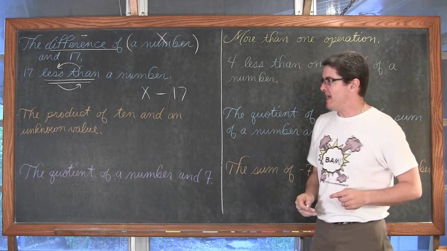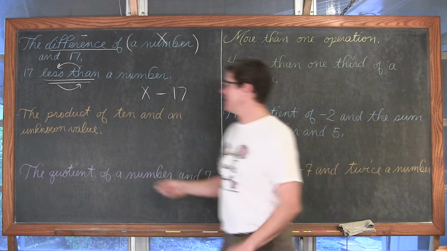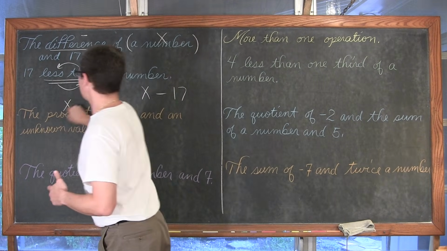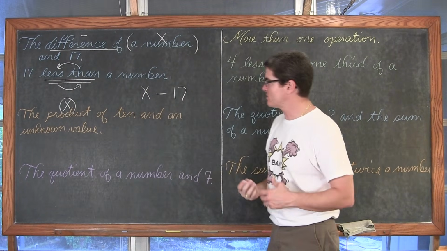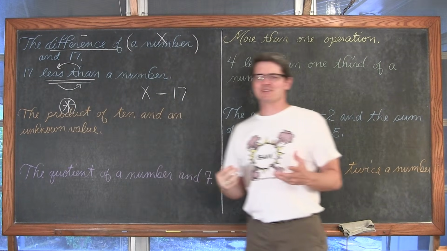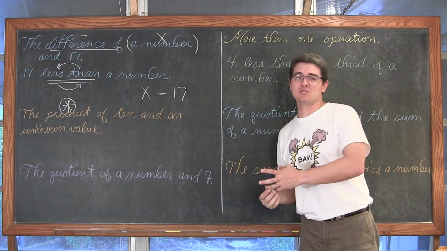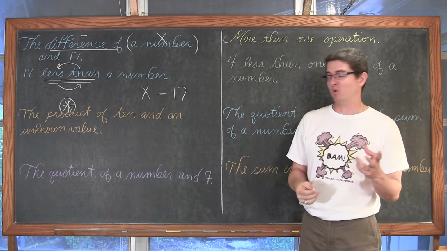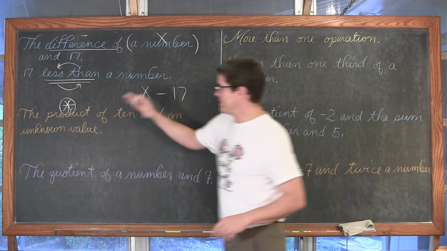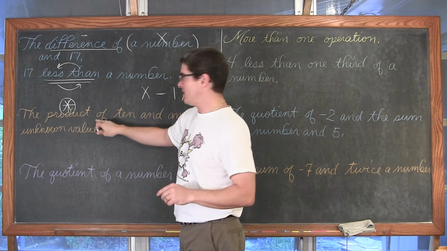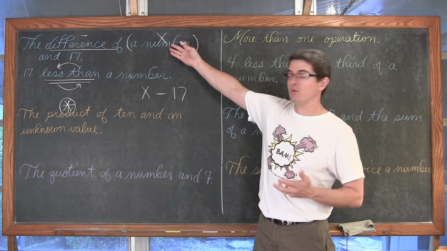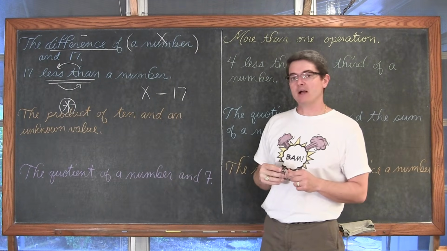The product of 10 and an unknown value. Well, product is your algebra, your mathematical word for multiplication, which means that now that I'm talking about algebra and variables, writing an x is not a good thing because, well, is that a variable or a multiplication symbol? But product does mean to multiply, and now we're going to be, again, with the math operation immediately followed with of, we're going to be told what we're multiplying by, just like we were told here what we were subtracting.